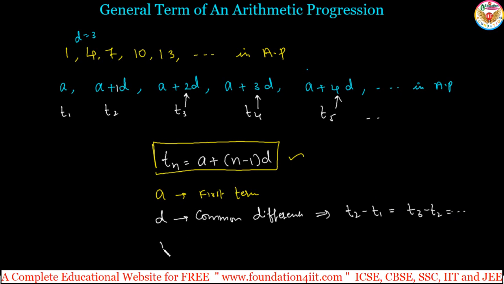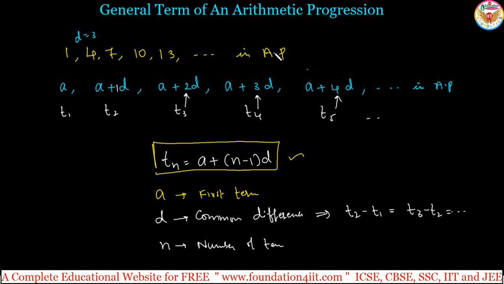And n is the number of the term, which term is asked. Like fifth term means n is 5, seventh term means n is 7. So n is the term number, the number of the term. Seventh term means n is equal to 7.